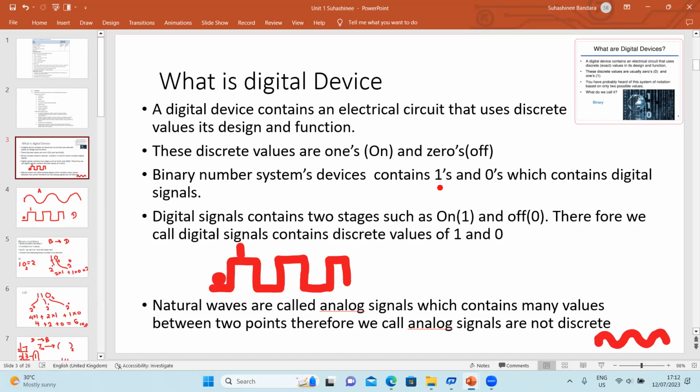Devices contain binary number systems, ones and zeros, which are digital signals. Digital signals contain two stages such as on and off. Therefore, we say a digital signal contains discrete values of 1 and 0. But natural waves are called analog signals, which contain many values between two points. Therefore, we say analog signals are not discrete.